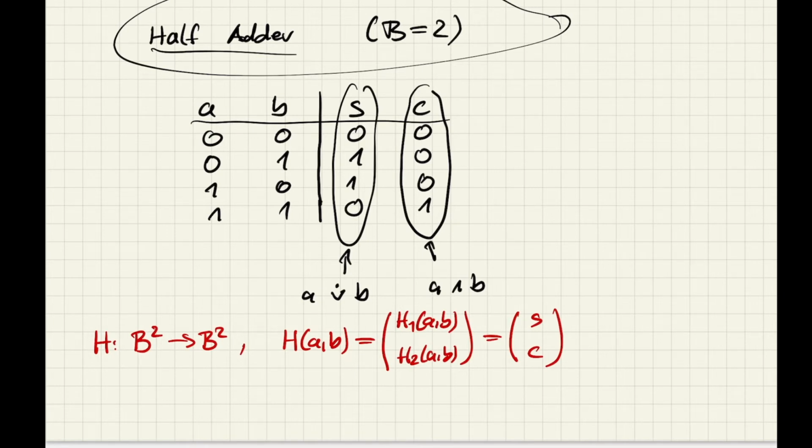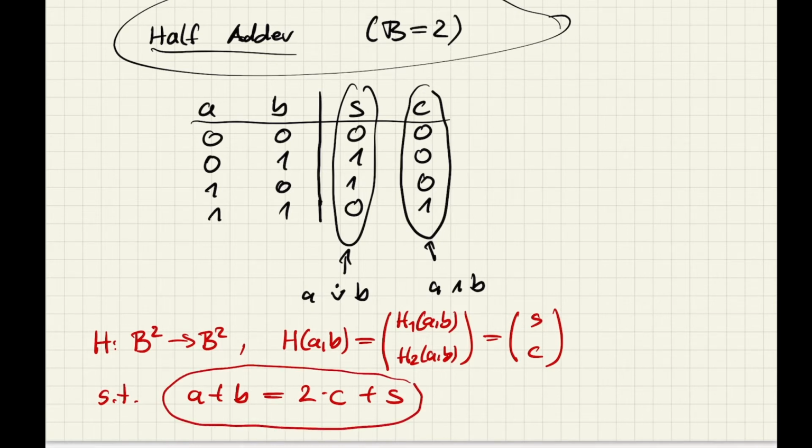And the property of this function, let's also write that down here, is defined such that a plus b equals 2 times c plus s, 2 times the carry bit plus s. Now, first of all, convince yourself that this formula is equivalent to this table.